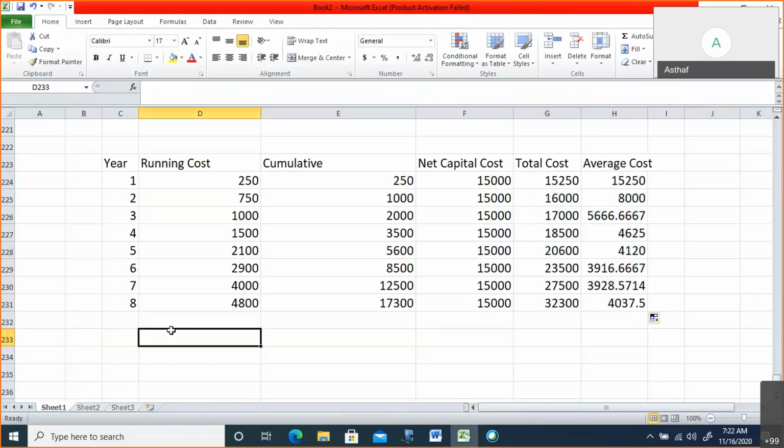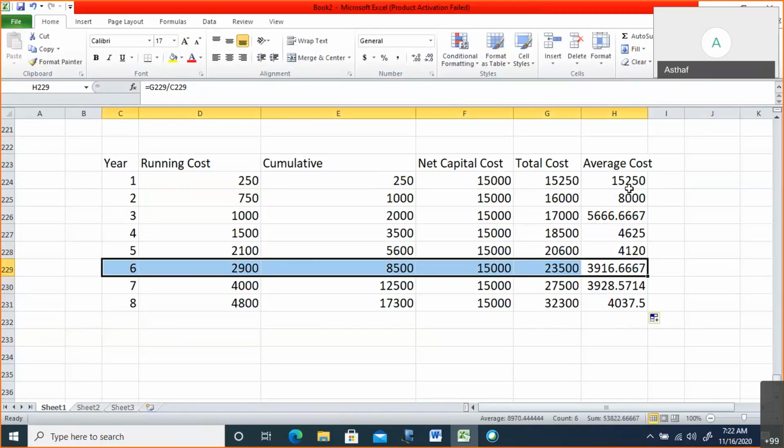So what is the lowest cost? See here it is getting reduced, reduced, reduced, reduced. After here it is getting increased. After getting reduced, it started increasing.